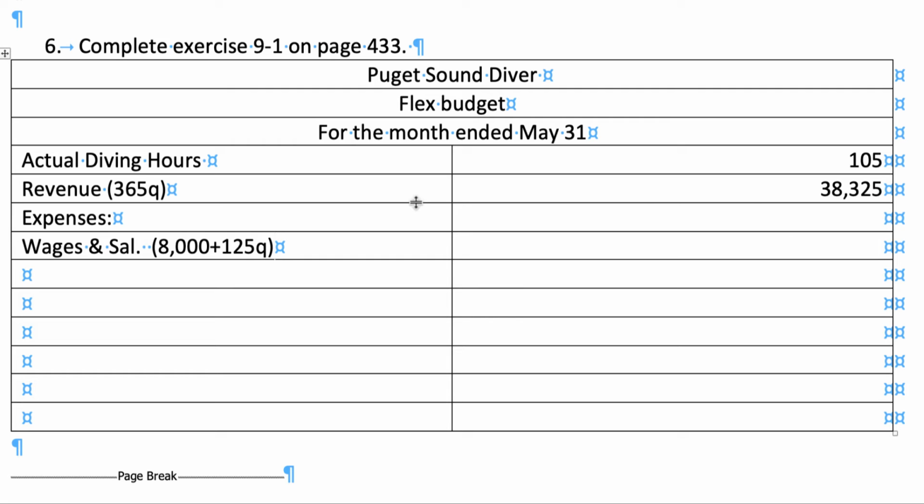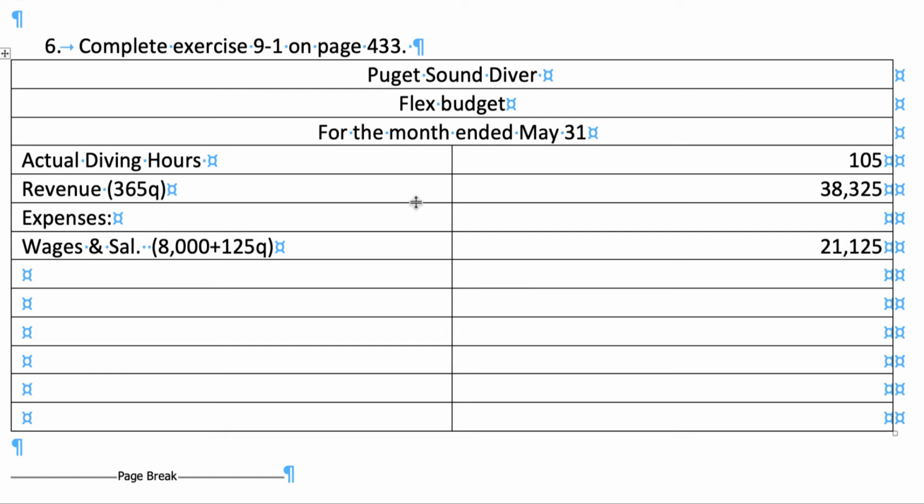The $125 is the variable portion. So we say $8,000 plus $125 times 105 hours gives us $21,125 of wages and salaries.